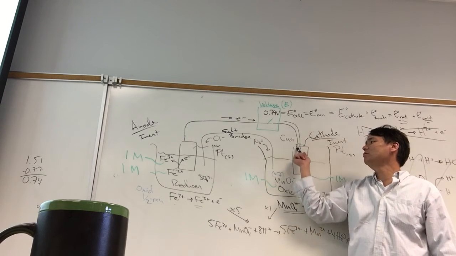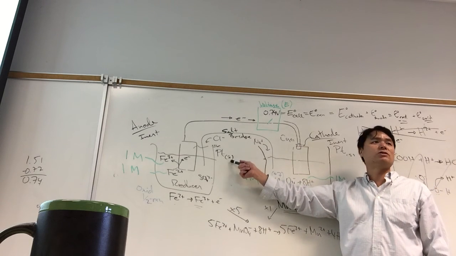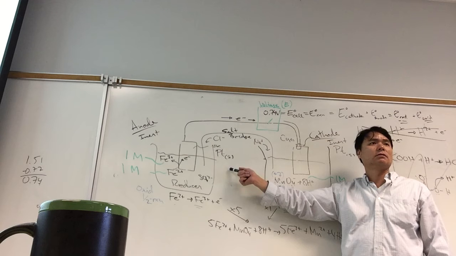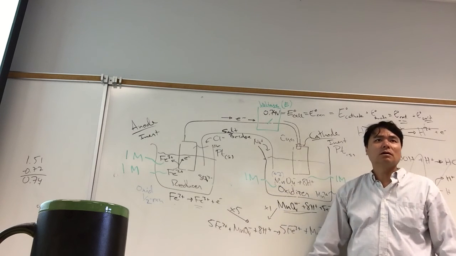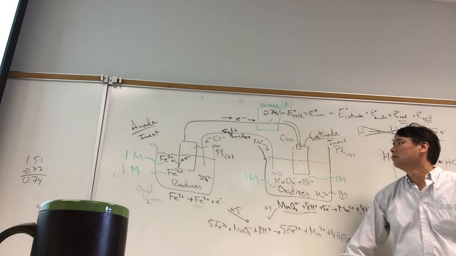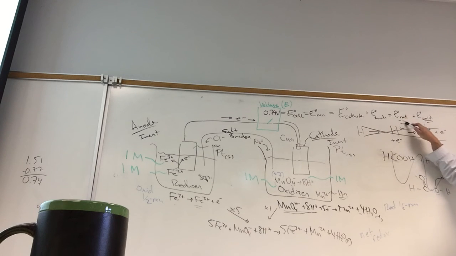If it's pulling with 2 volts, then this might be resisting by 1.26 volts. Does that sound about right? Or how many volts of that 0.74 is because of this, and how many volts is because of this? That's what we want to know.